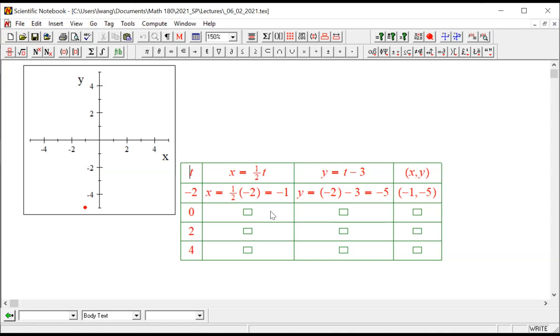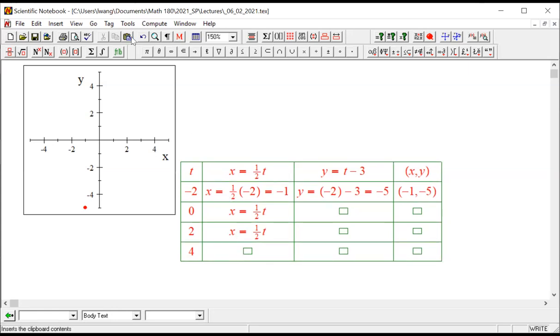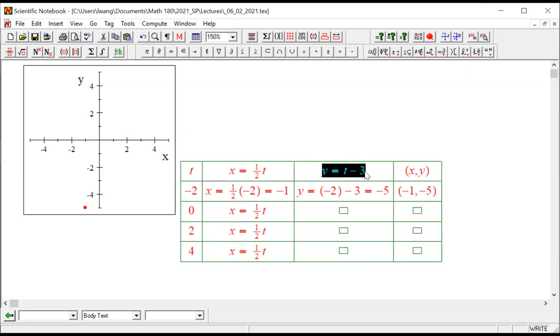All right. The same function for x in relationship with t, and the same function for y. So all we have to do is plug in the numbers and then compose our points.